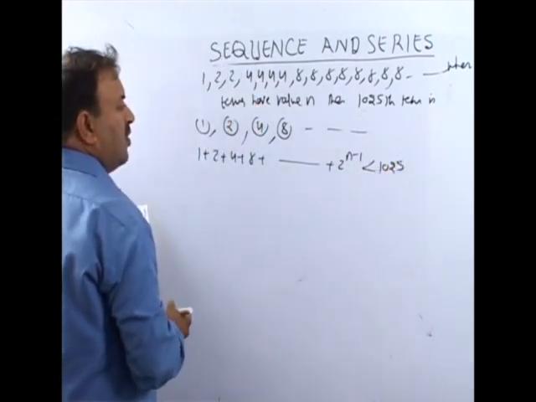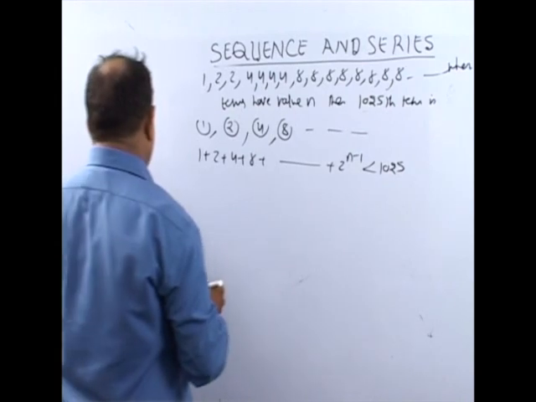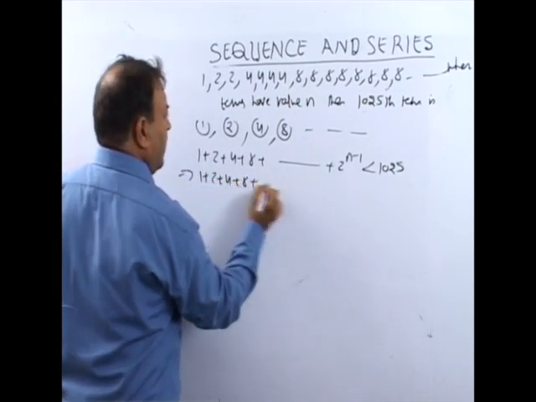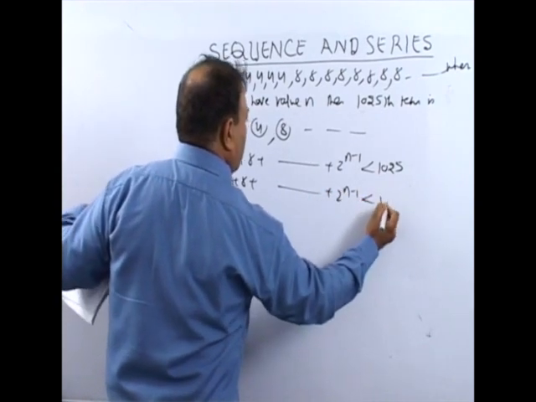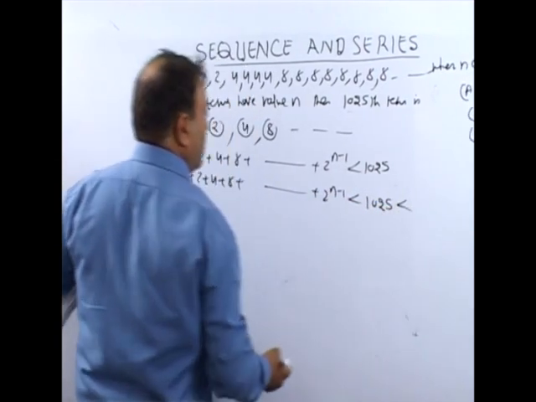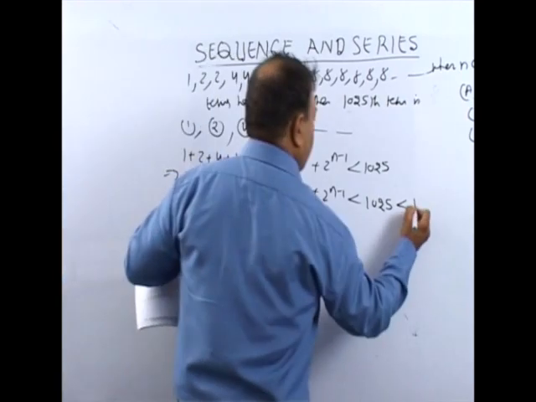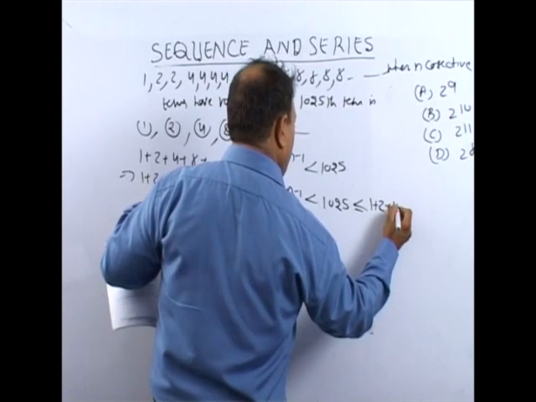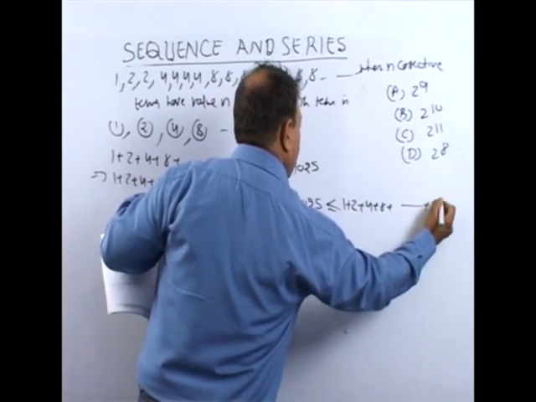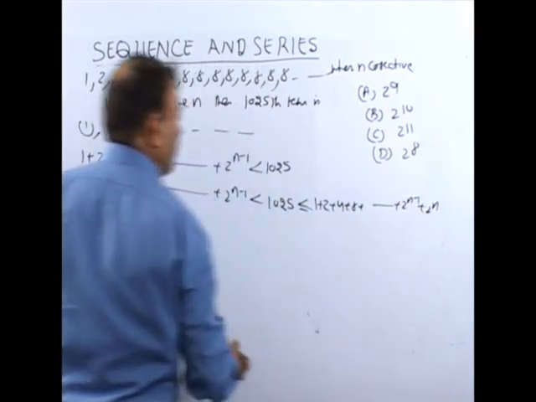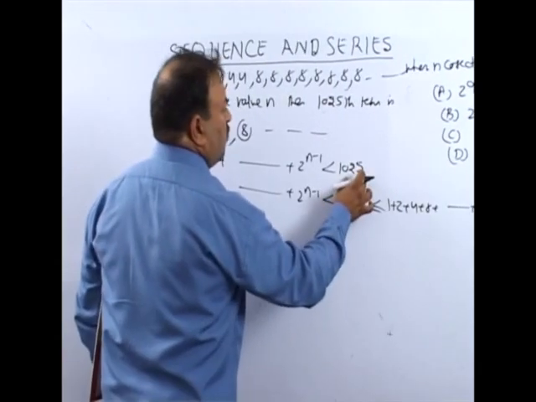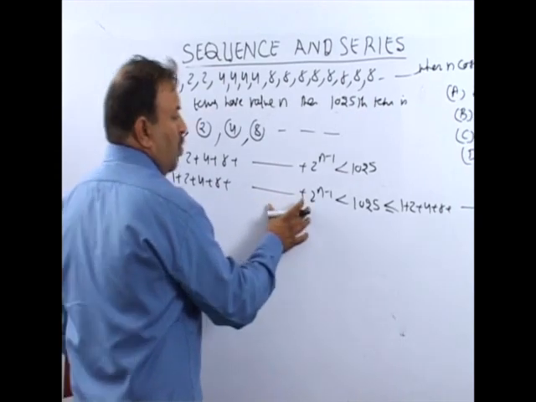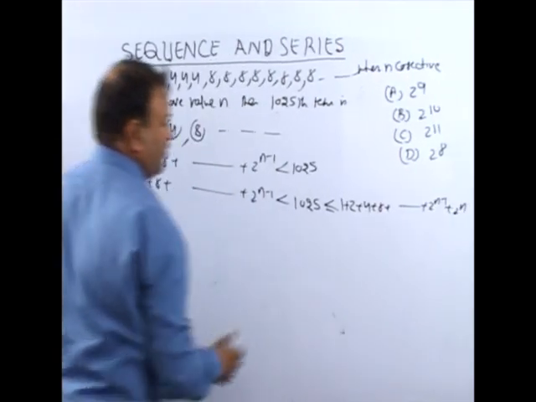Now, 1025 will be greater than this whole sum 1 plus 2 plus 4 up to 2 to the power n minus 1, and it will be less than the sum extended up to 2 to the power n.